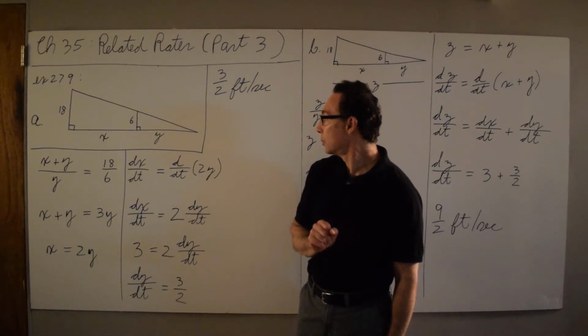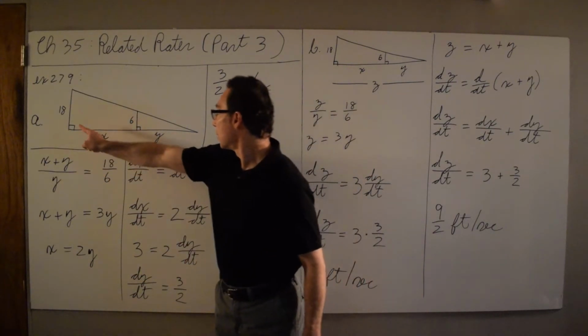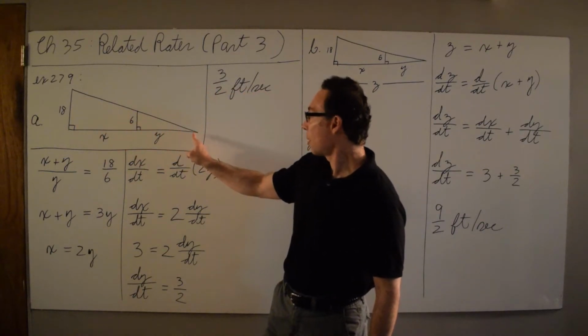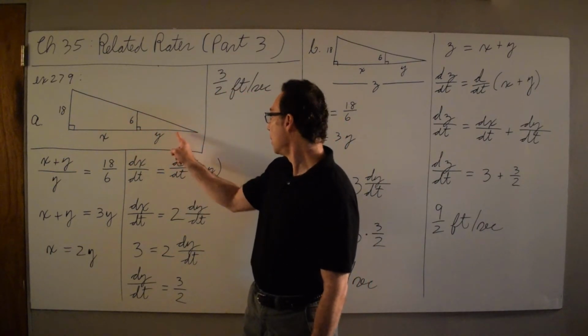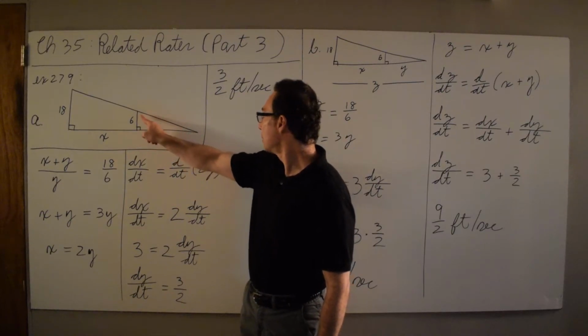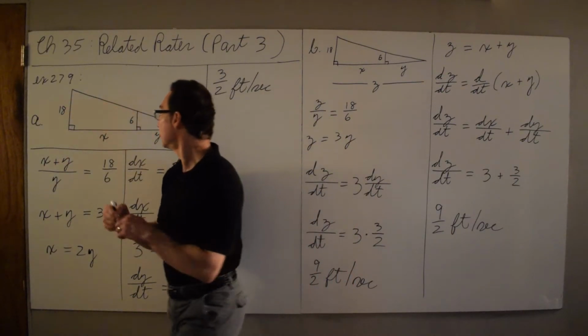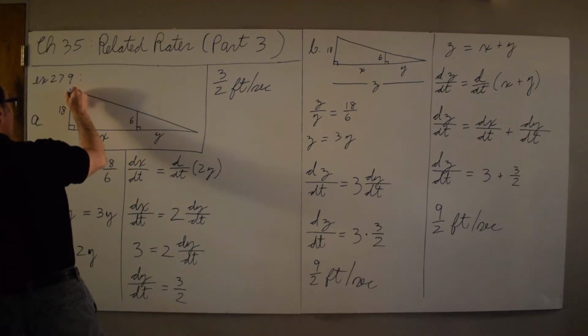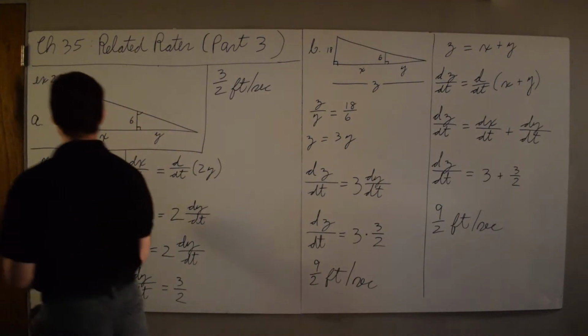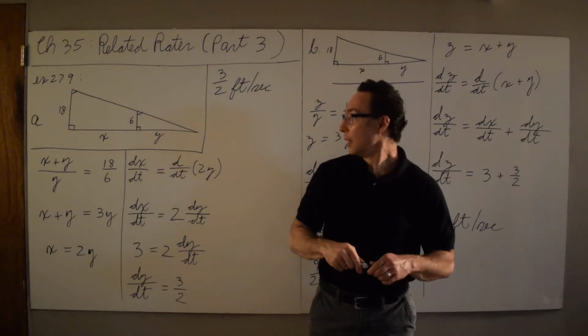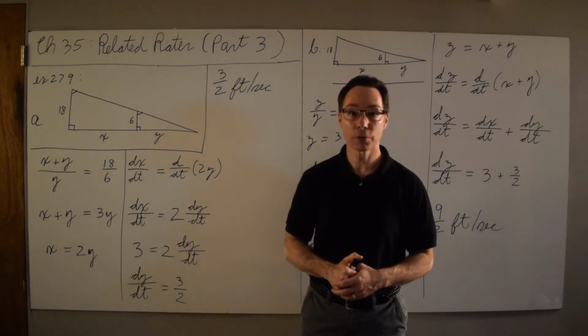So we're going to use similar triangles. The large triangle and the small triangle are right triangles, and they share an angle. That means that this angle and this angle are congruent. Those two angles are congruent, and so we have similar triangles.